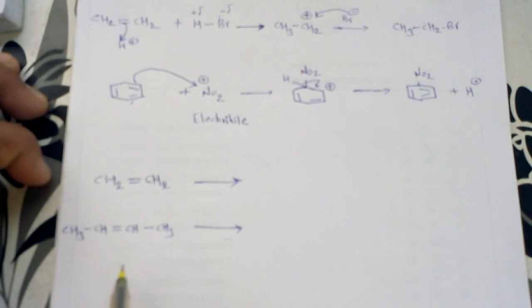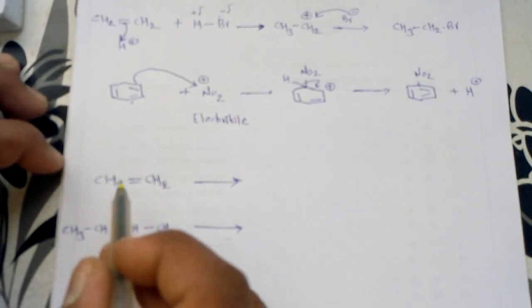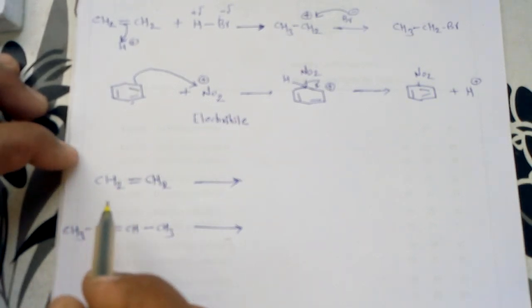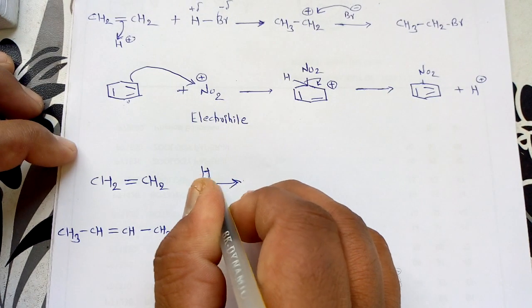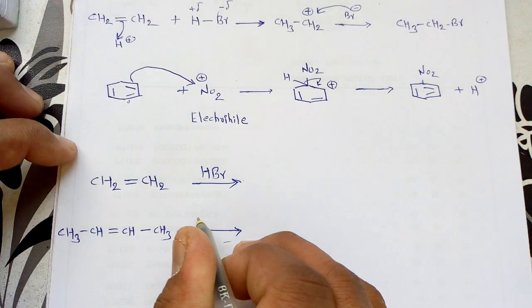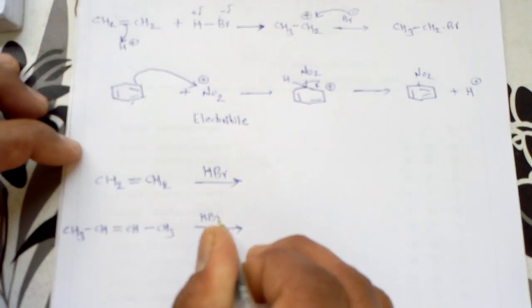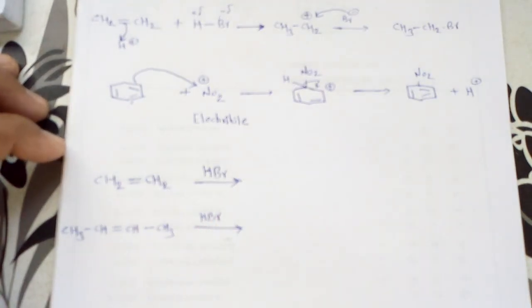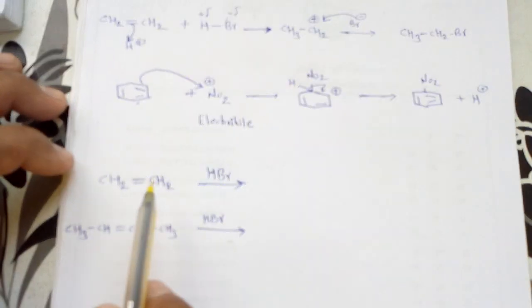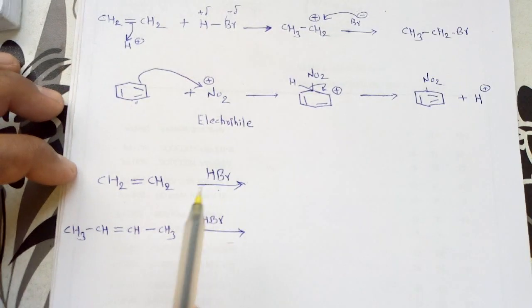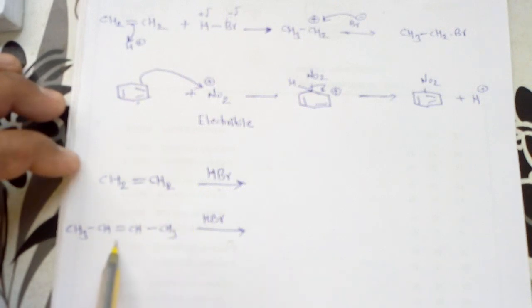Both are alkene compounds. Now we have to check their reaction with a similar reagent. For example, I take the reagent as HBr. In this case also I take the reagent as HBr. Now what we have to check here? We have to check the rate of chemical reaction of this ethylene with hydrogen bromide, as well as the rate of reaction of this 2-butene with hydrogen bromide.